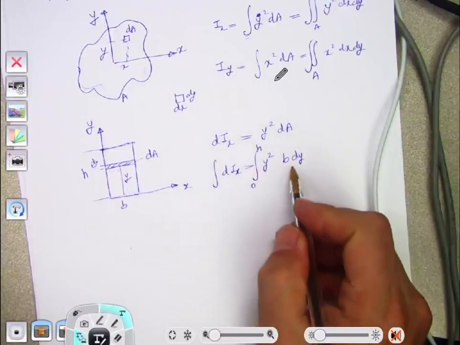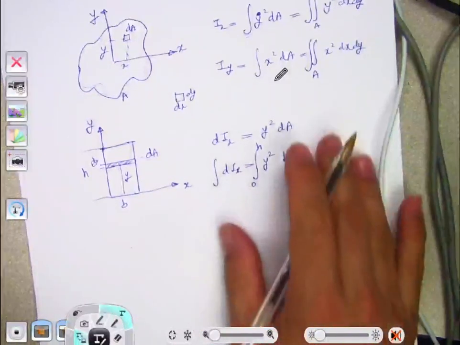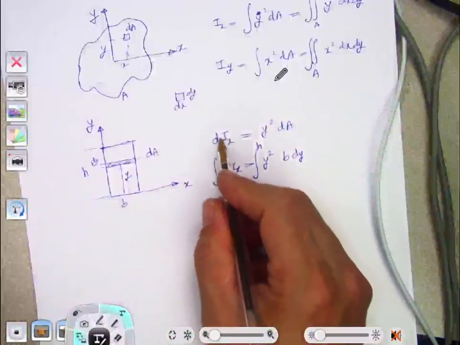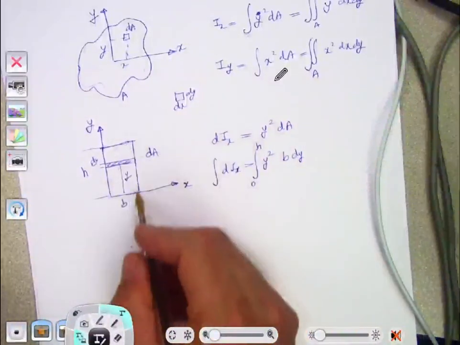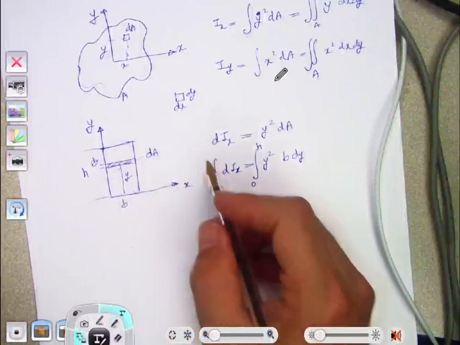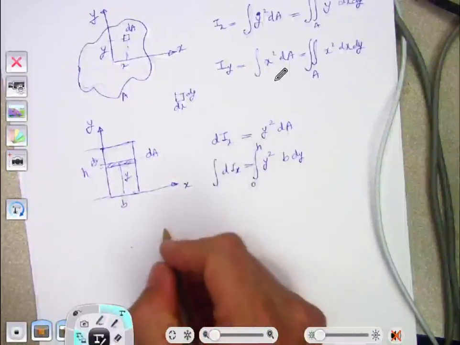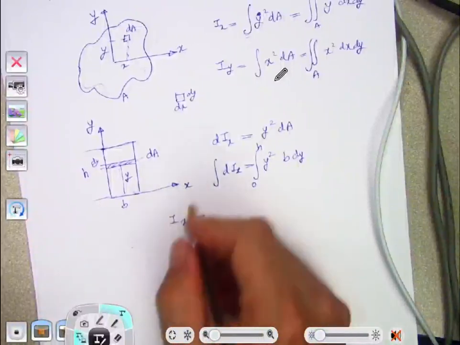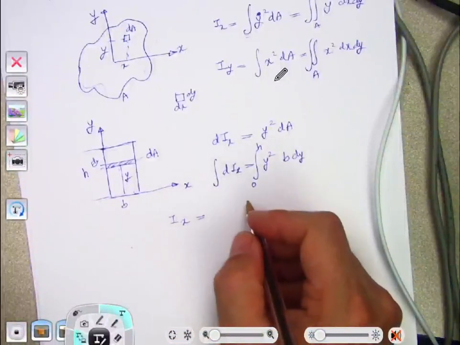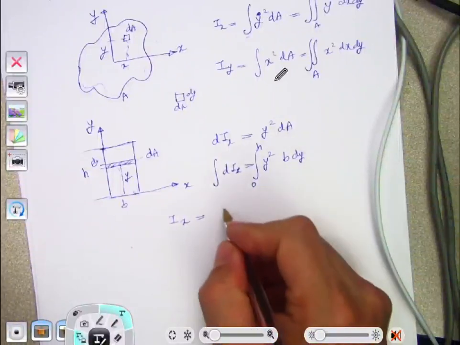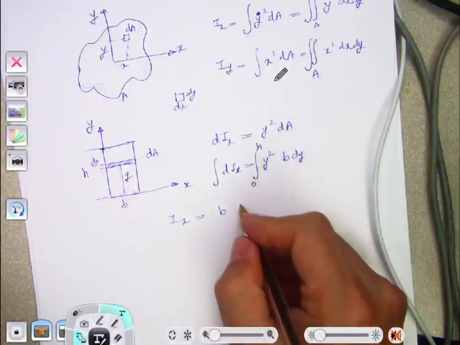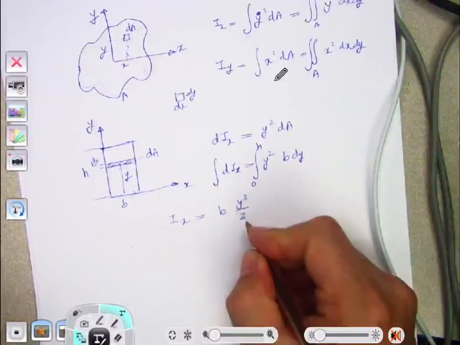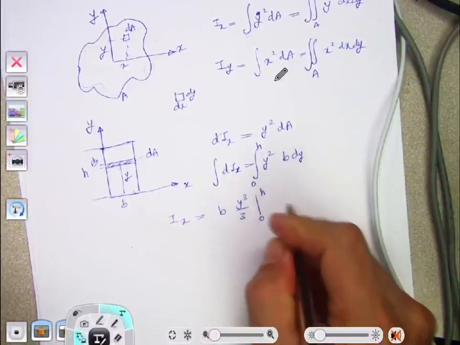So how do I take this integral? On the left side, if you consider all differential elements from the bottom to the top, find their moments of inertia and add them up, you have the total moment of inertia of the rectangle about the x-axis. On the right side, b is constant and comes out, and the integration of y squared is y cubed divided by 3, going from 0 to h.